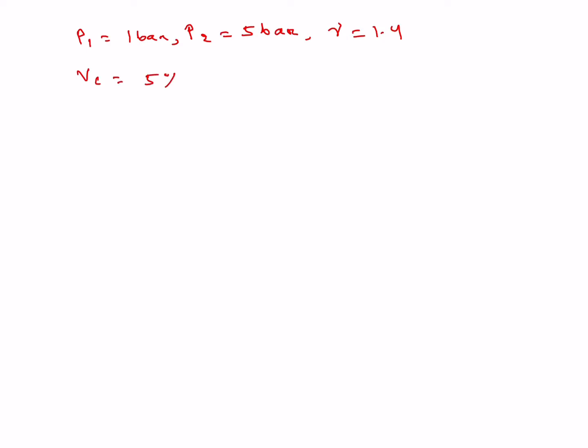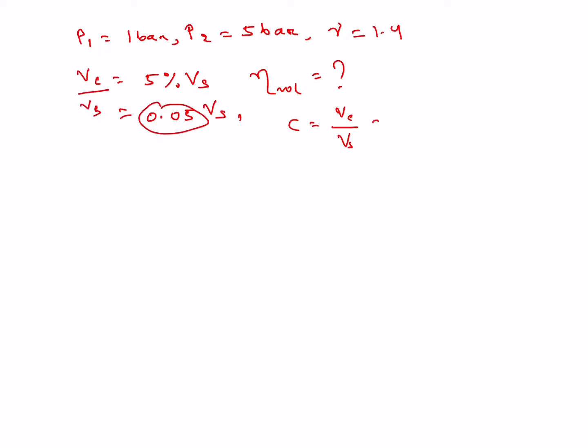Vc equal to 5% of stroke volume Vs. 5% means 0.05 of Vs. Volumetric efficiency we have to calculate. Clearance factor C equal to Vc by Vs. How much will you get? Vc by Vs is 0.05.